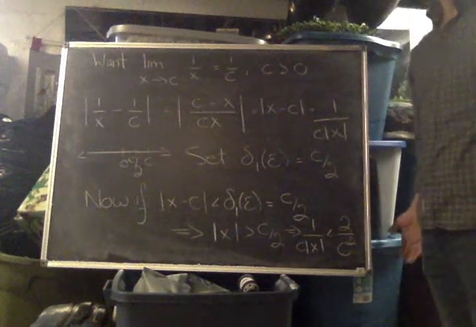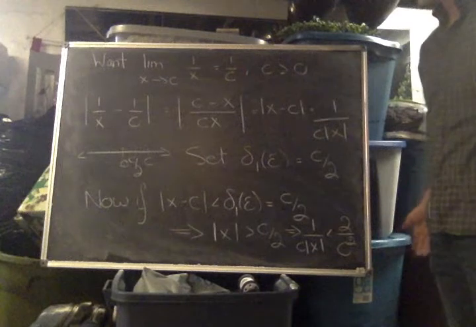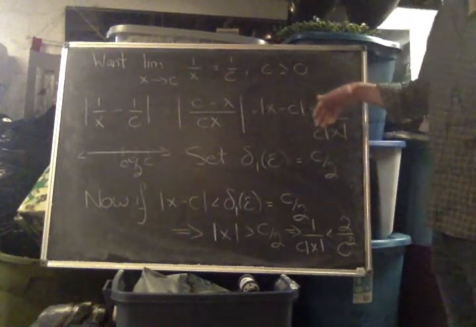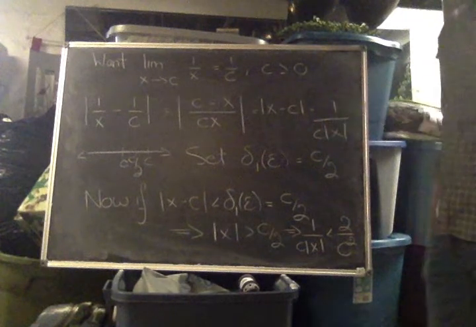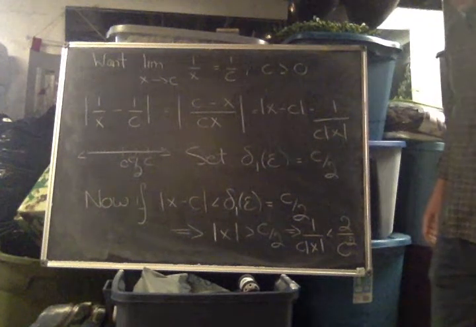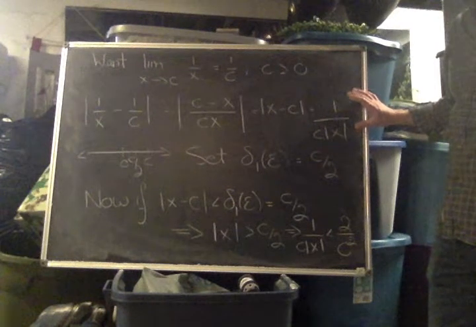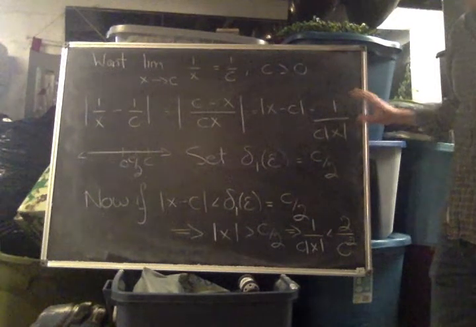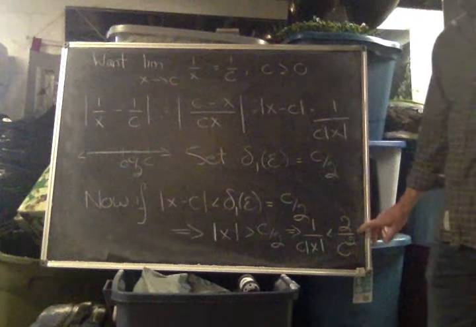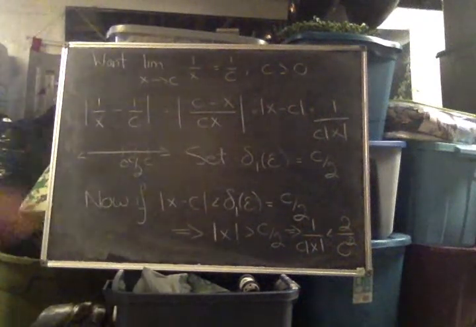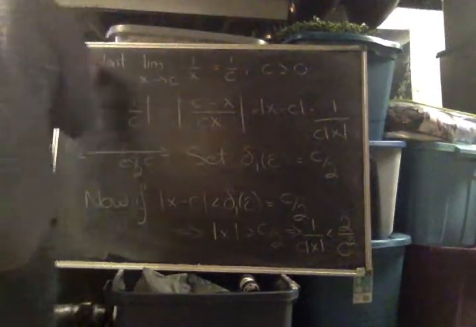And that's exactly the kind of result we wanted, right? We take an initial stab at delta. Here it is. Delta 1 of epsilon is equal to c over 2. And from that initial stab at delta, we can conclude that this thing here that we formerly had no control over, now we have some control over. It's strictly less than 2 over c squared, which is a constant. Good. All right, so let's summarize that on the next board.